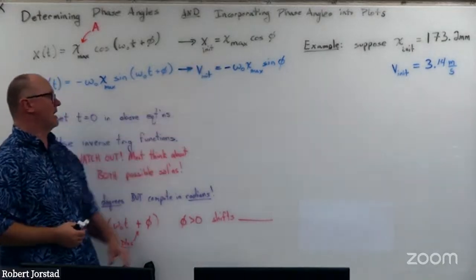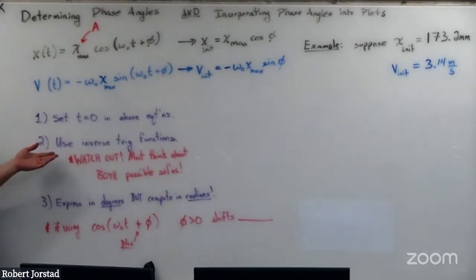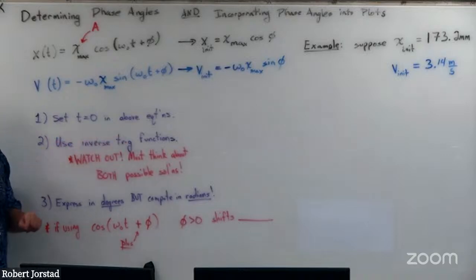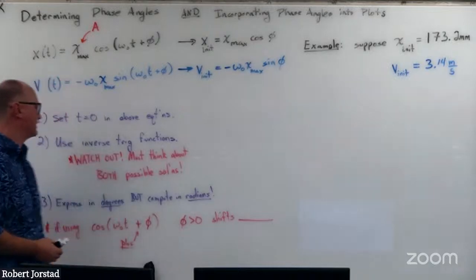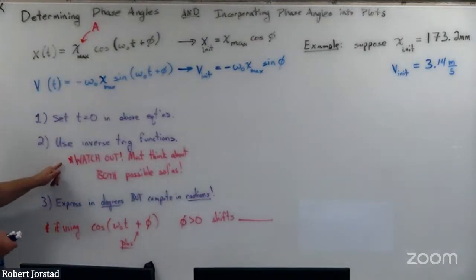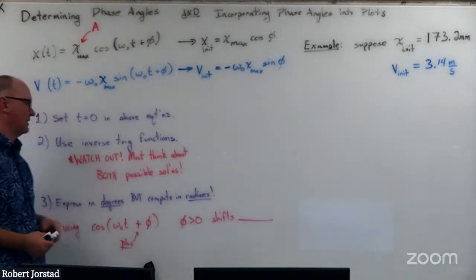And it's important that we keep track of these minus signs. I'll mention why here. The next step, you can see we might be using inverse trig functions to figure out phi. You can tell we're going to need to do that. I'll show you more in just a minute. But watch out. The most common mistake at this step is students forget to think about both possible solutions.